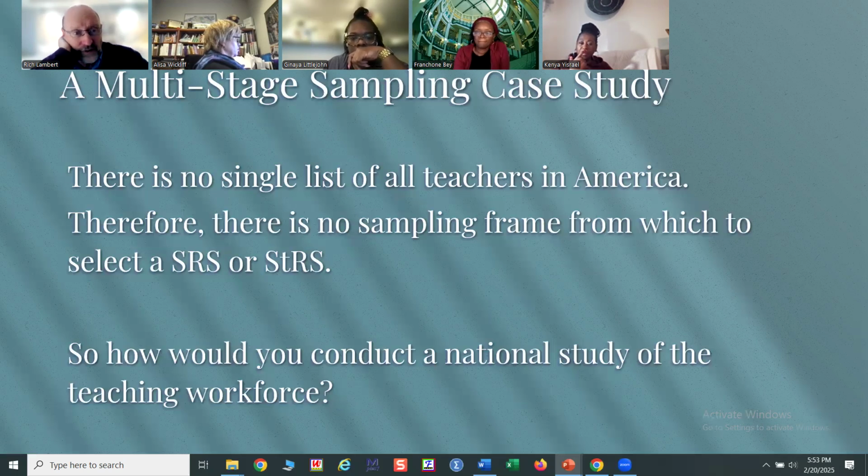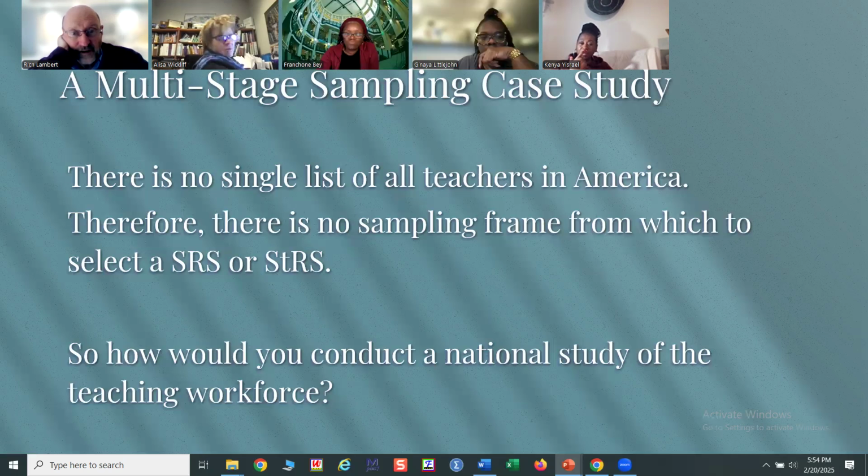So what do you all think? How would you go about doing this, given that there is no list of all the teachers in America, but we want to get to a representative sample? Well, I'm thinking that because we're public people, teachers, we access that through those databases.